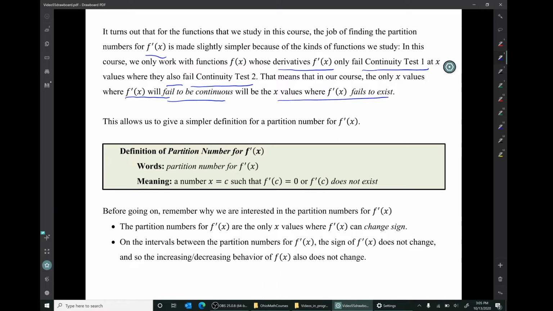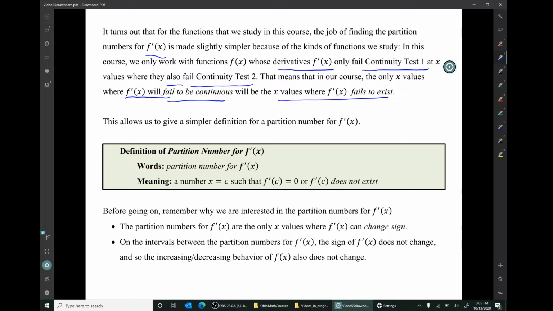That's continuity test 2. F prime of x would have to exist for f prime of x to be continuous at a particular x value. So the only functions we'll be working with will be functions where the derivative f prime has the property that the only places where f prime fails to be continuous will be the places where f prime fails to exist. So for these functions, you don't really have to do the 3-part continuity test on f prime.